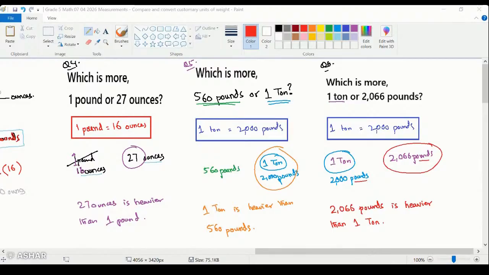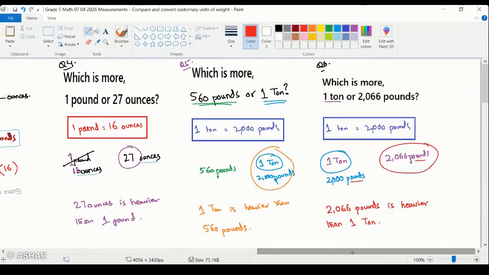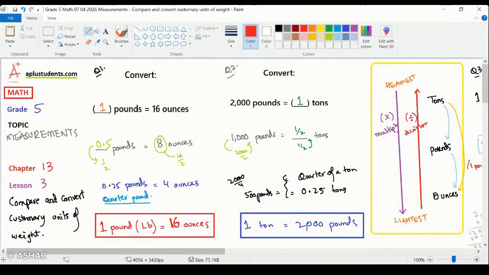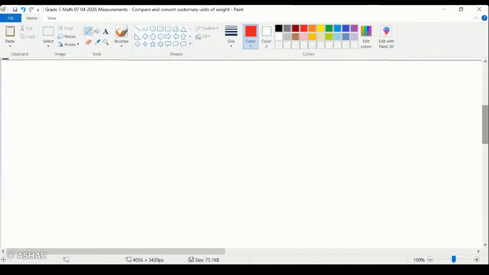For the next question, question 7, they're saying which is more, 21 ounces or 1 pound? Which should be heavier?